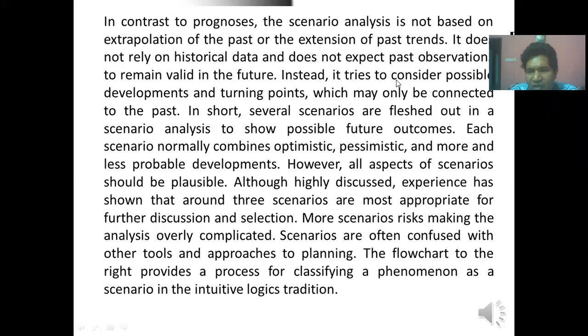Instead, it tries to consider possible developments and turning points, which may only be connected to the past. In short, several scenarios are fleshed out in a scenario analysis to show possible future outcomes.